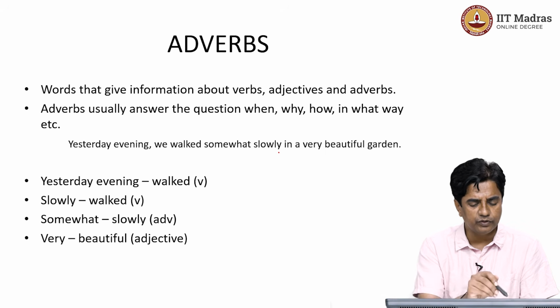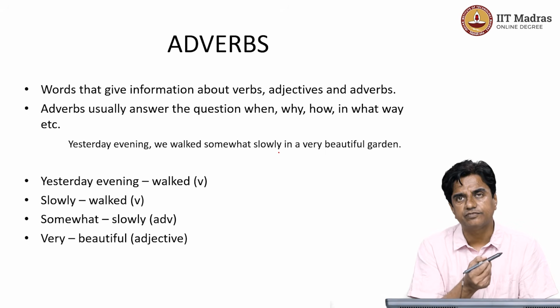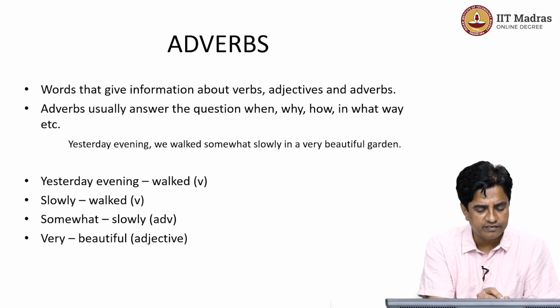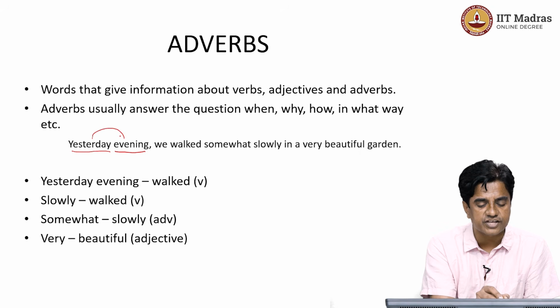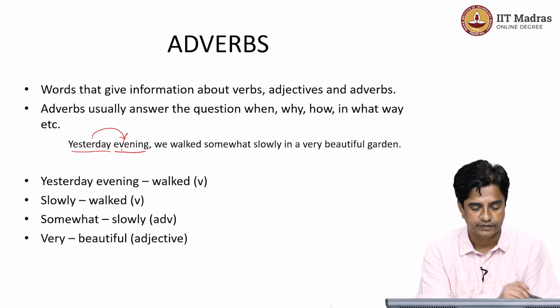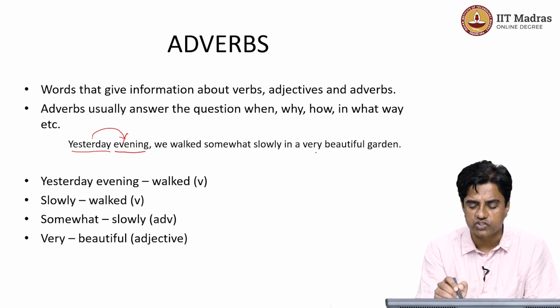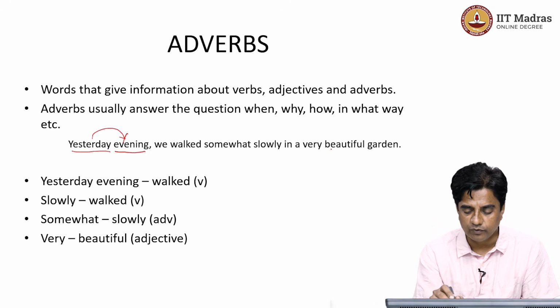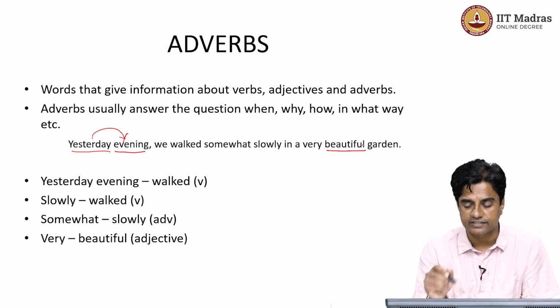Try to identify different parts of this sentence. In yesterday evening, evening is a noun, and yesterday could be an adjective to this noun. We walked somewhat slowly in a very beautiful garden. Now look at this: beautiful is an adjective modifying this noun garden.